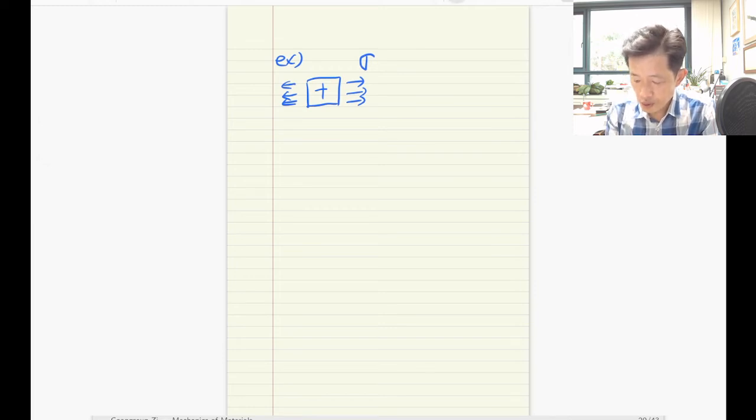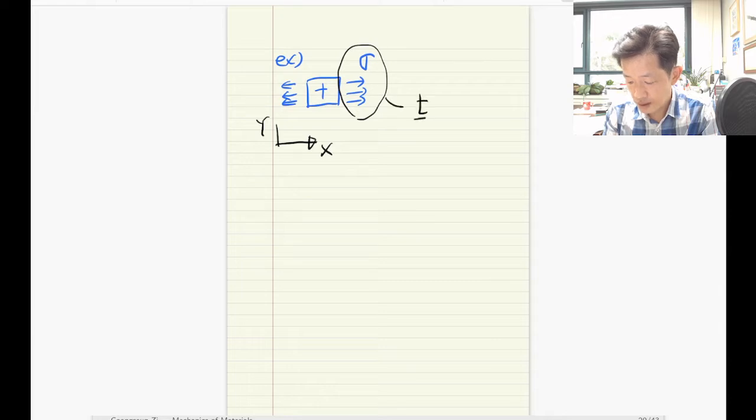And then if you want to introduce this coordinate system here, the x and y, and you measure the stress state from the right-hand side, then we have a certain traction vector. Make sure this is a vector. Its magnitude is equal to sigma, and its direction is the normal, the nx direction.